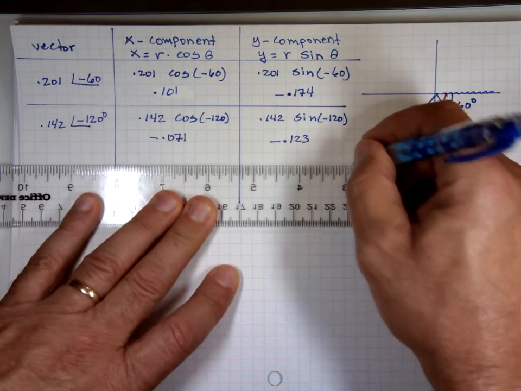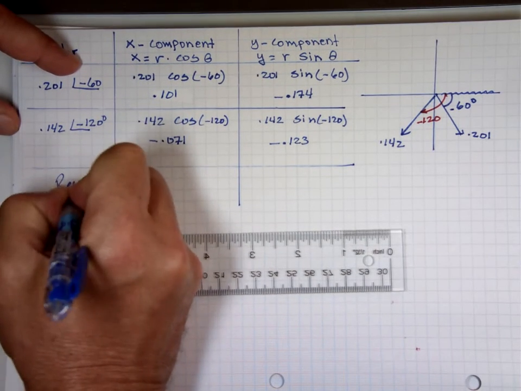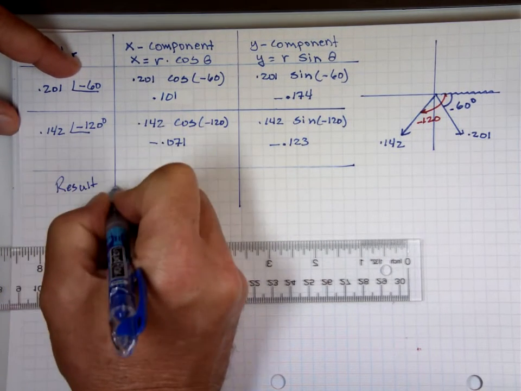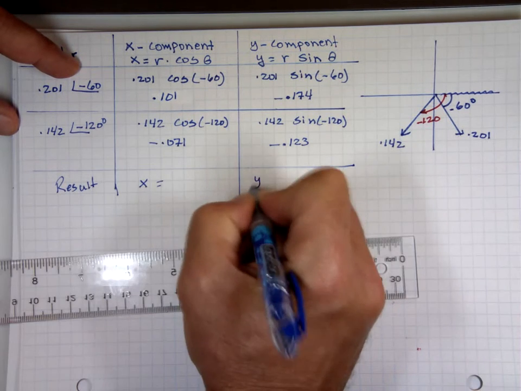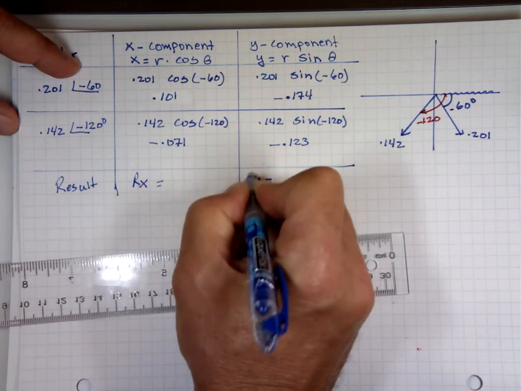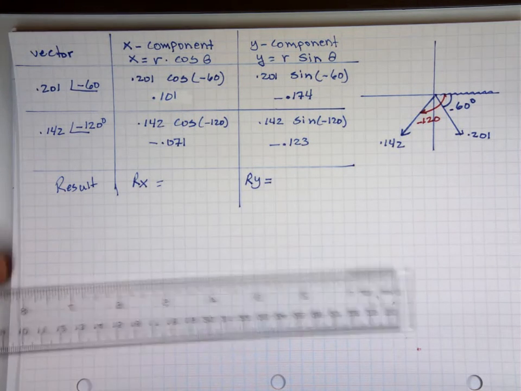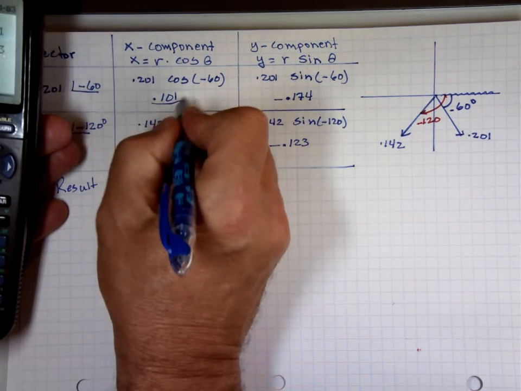Now the result, we're going to add them. In the x direction, the result is, and in the y direction, the result is. I call them r sub x and r sub y. R for result. The result in the x direction, we take this number, add it to this number.